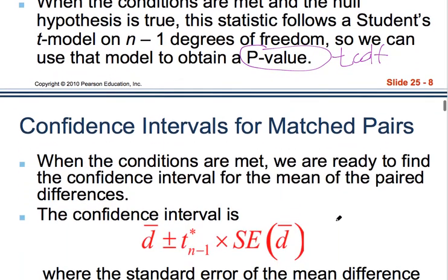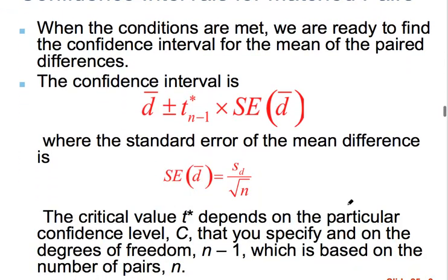Okay, confidence intervals. When the conditions are met, we're ready to define the confidence interval. So d bar is the mean of the differences. Right here, the t asterisk n minus 1, remember that depends on the confidence level that you choose. And again, later in this video, I have some examples of what the screenshots should look like.